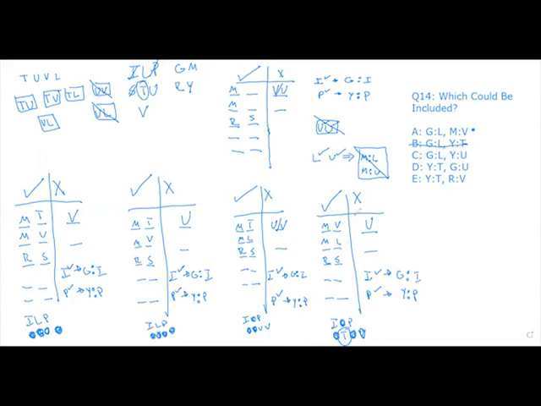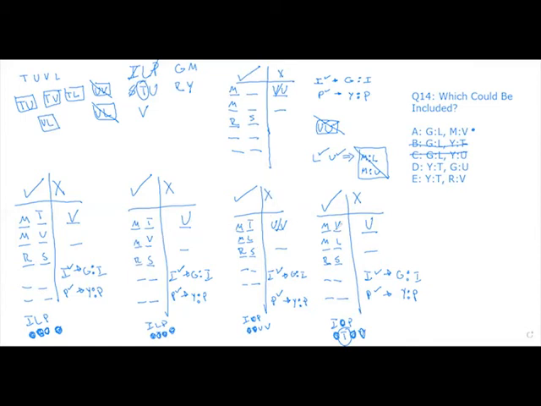B doesn't work anywhere. Answer C, green L, yellow U. Doesn't work anywhere. Here's why. We don't have L being mauve. So in this world or this world, we have U or V being mauve. But if U is yellow, say U is down here, we'd have V and U together. Doesn't work. D, yellow T, green U. If T isn't mauve, which world is that?